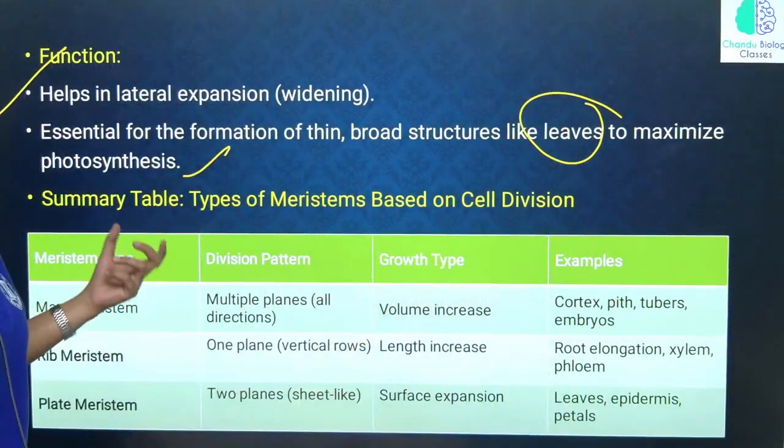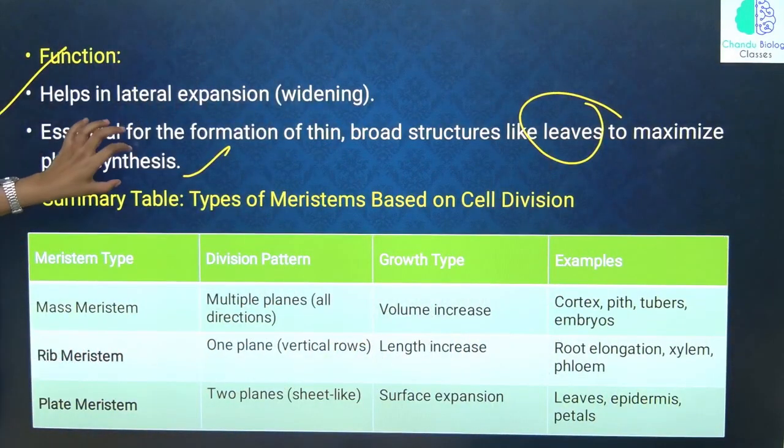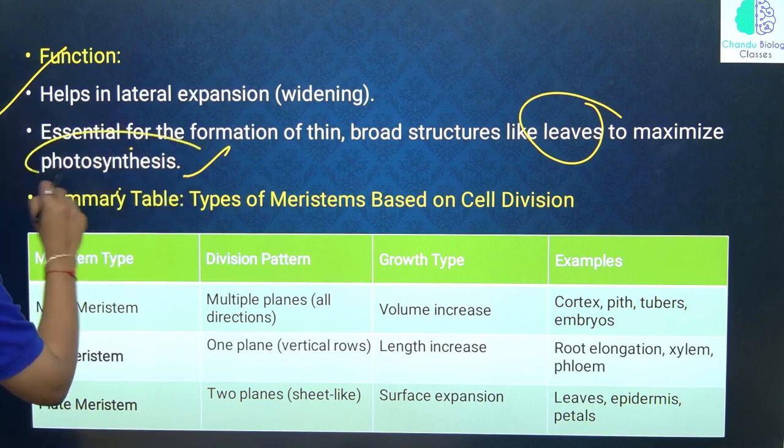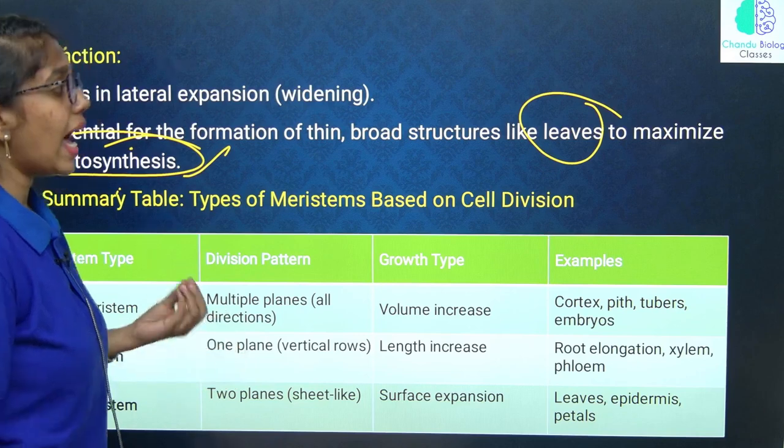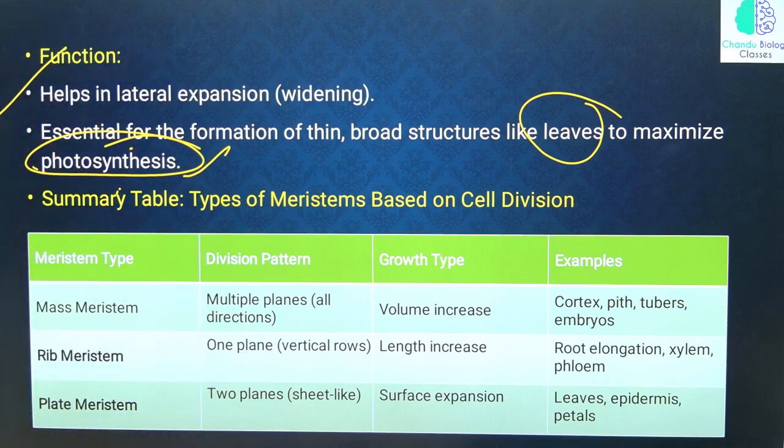These meristems are very much important because they maximize the leaf size, and thereby maximum photosynthesis is conducted. This is the tabulated form of all the three types of meristems.